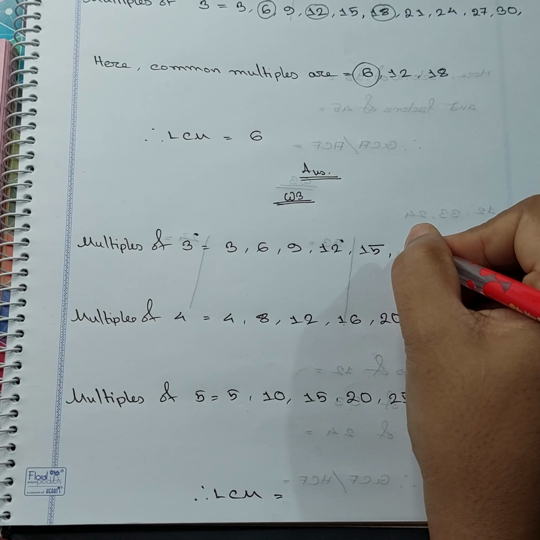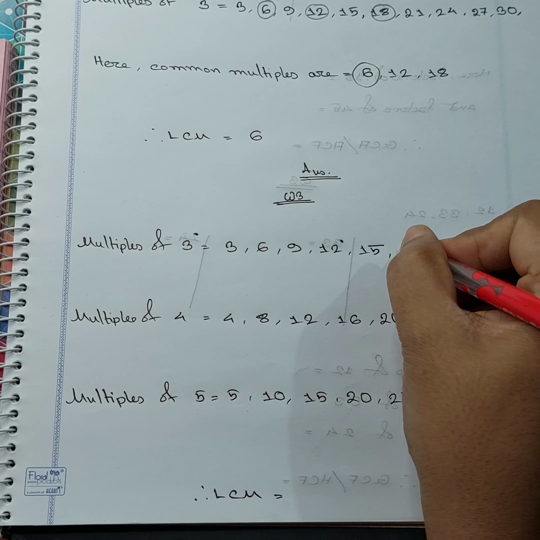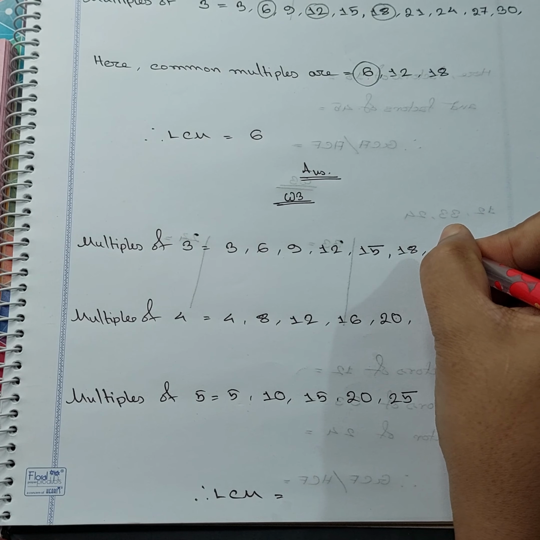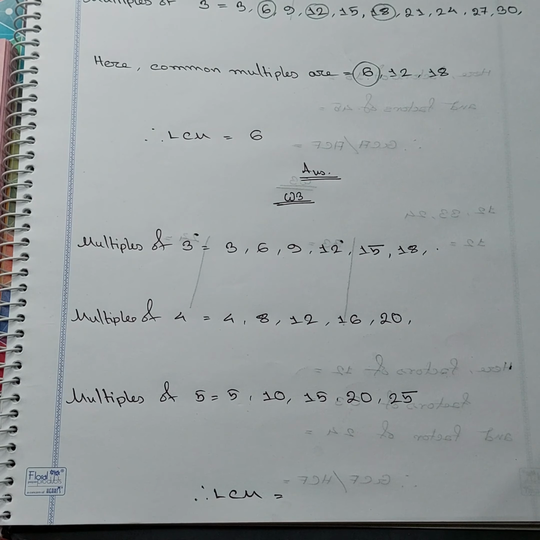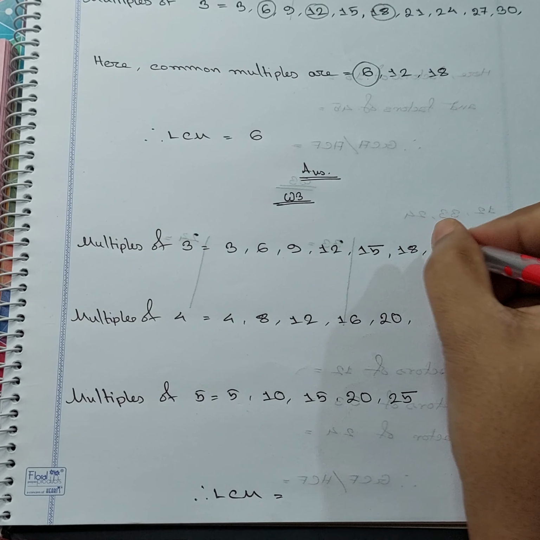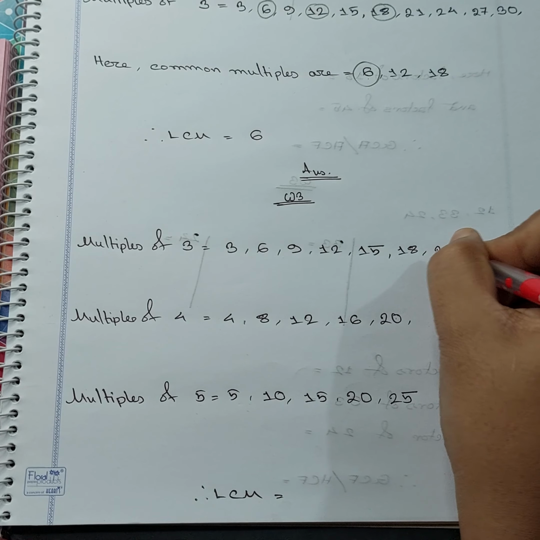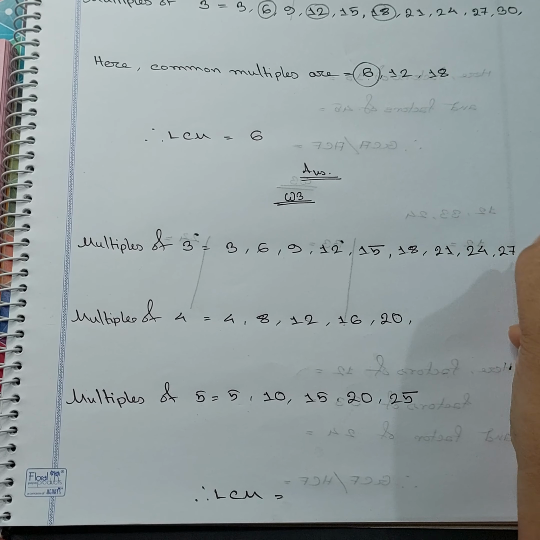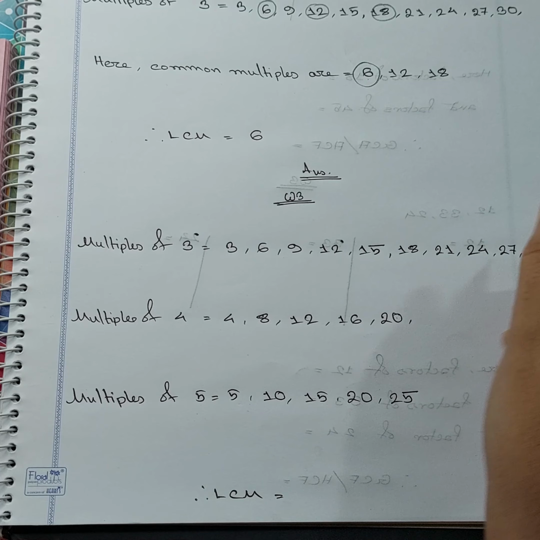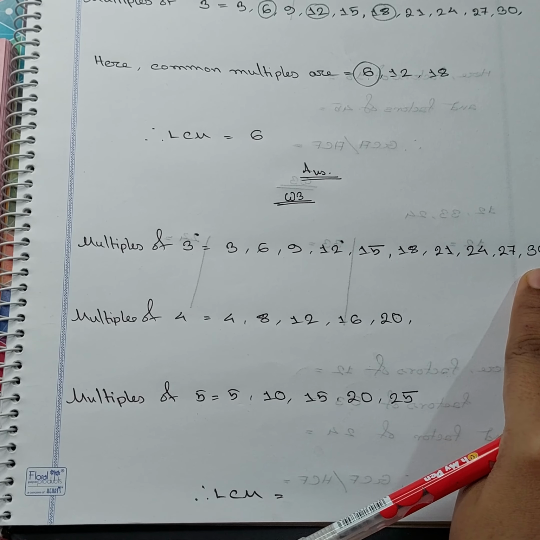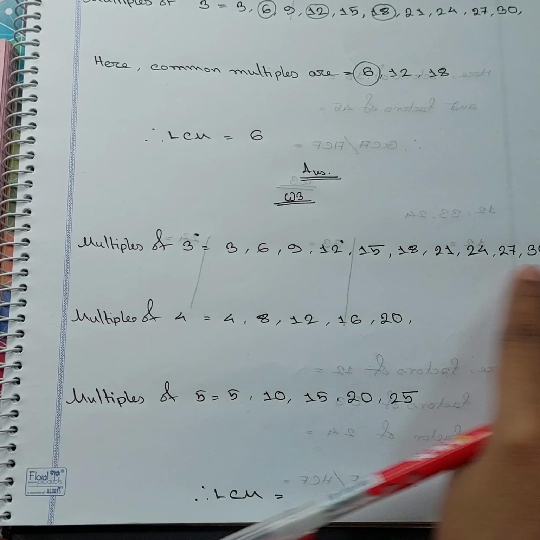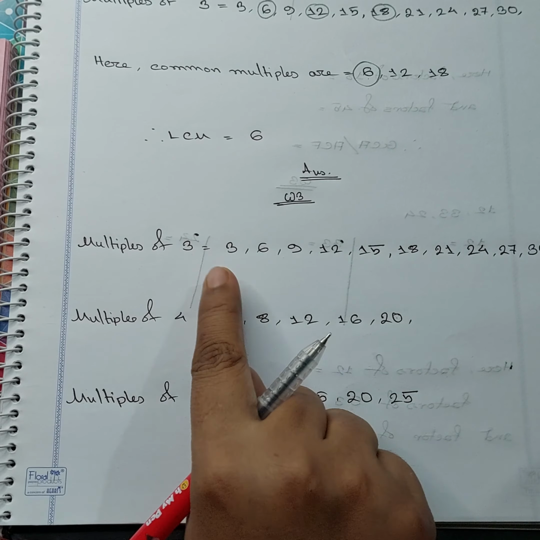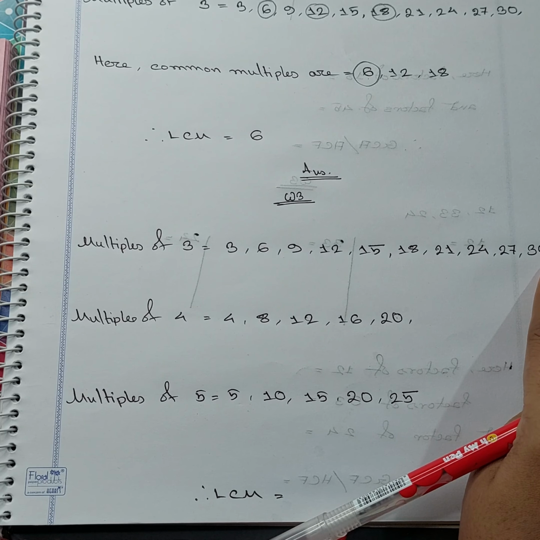So for 3, we are going to go for another 5 and start writing. So you can see, I write down 5 more multiples. Altogether there are 10 multiples.